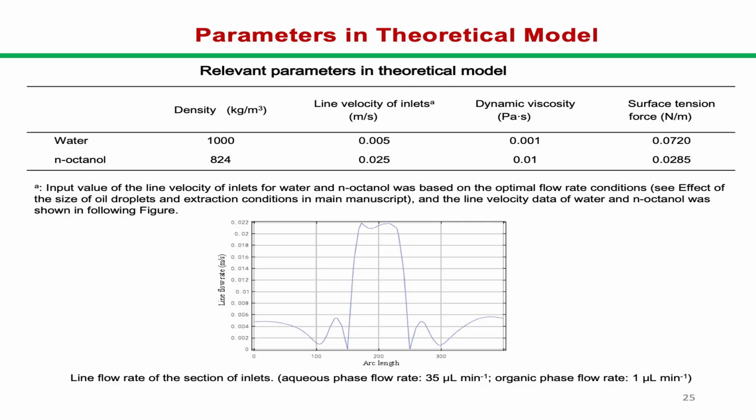Why could this kind of phase separation be successful? We would like to confirm it theoretically. So in this case, we use a theoretical model to simulate the phase separation process.